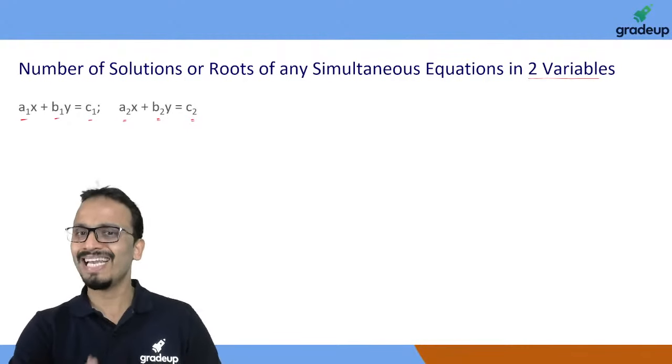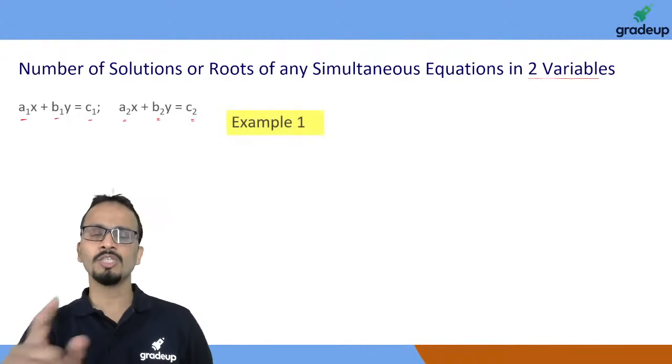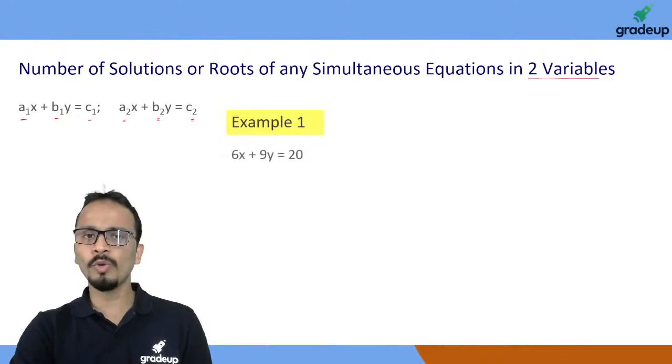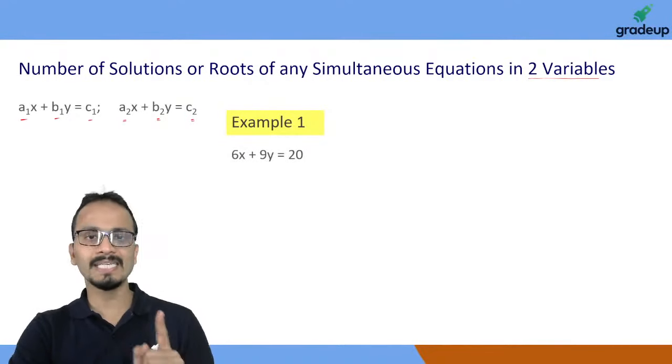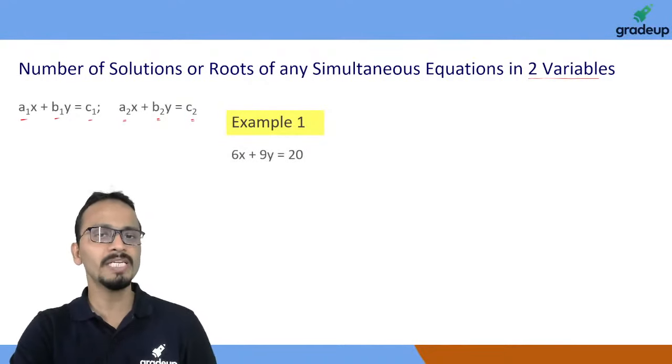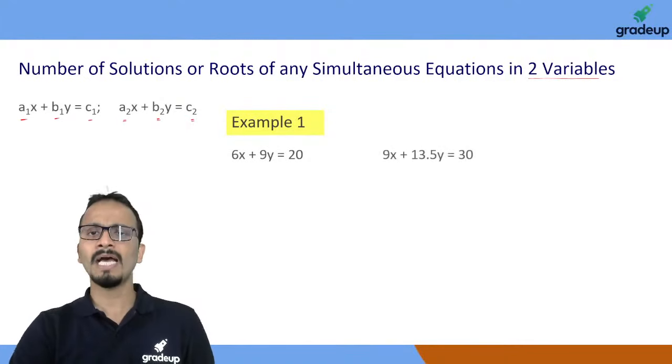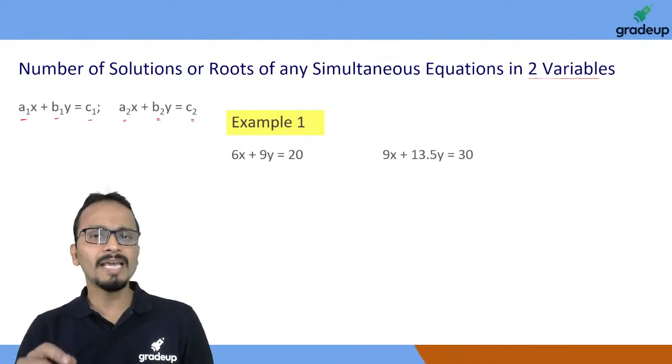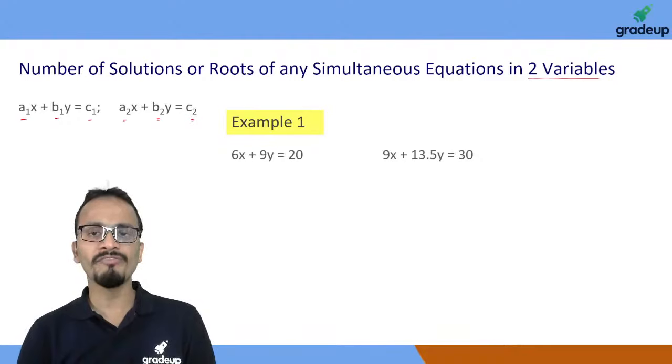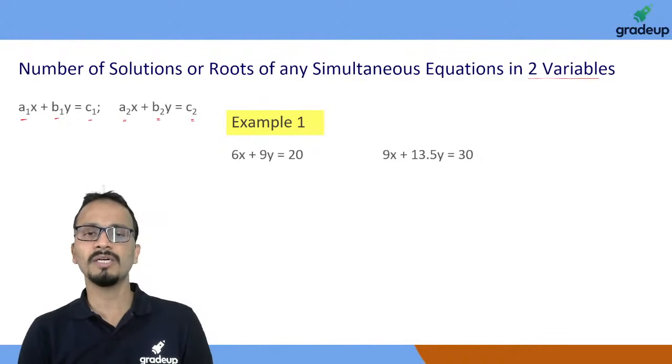So let us elaborate this particular fact. I'll take an example of two equations. Let's say 6x plus 9y equal to 20 is one equation, and the other equation is 9x plus 13.5y equal to 30.